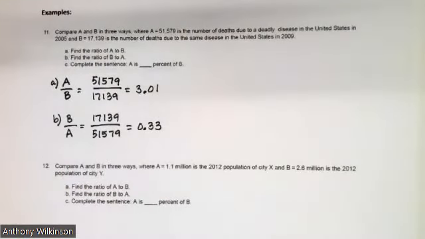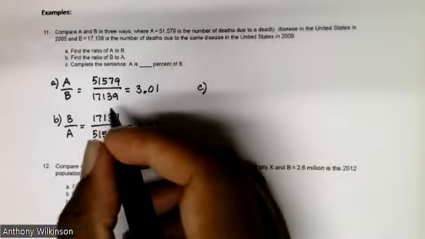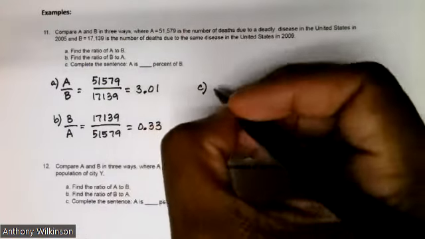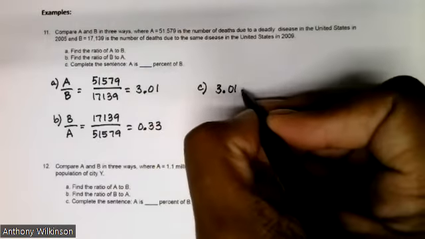Now in part C, complete the sentence: A is what percent of B? Well, we found the ratio of A to B, which is 3.01. Now they want the percent.